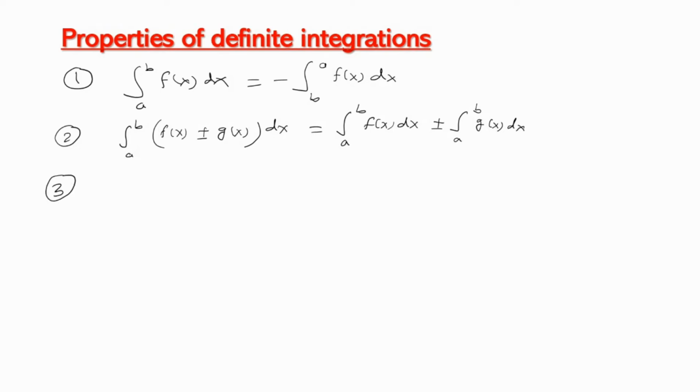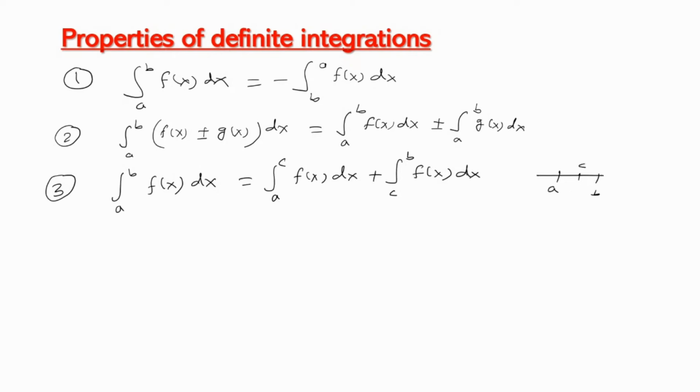The third property is the additive property. Sometimes we need to break the integration into two parts, and this rule is helpful for that. The integral from a to b of f(x) dx can be written as the integral from a to c of f(x) dx plus the integral from c to b of f(x) dx, where c is any middle point between a and b.